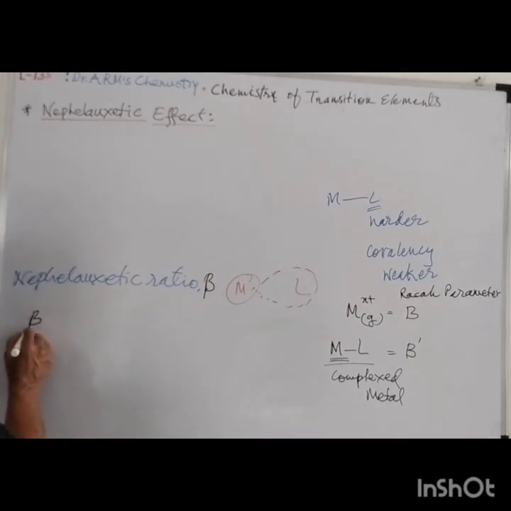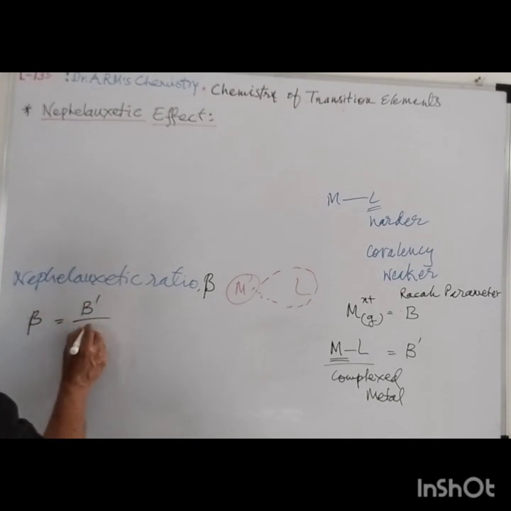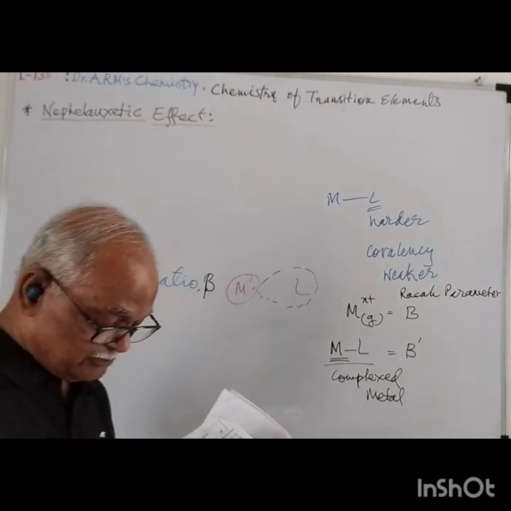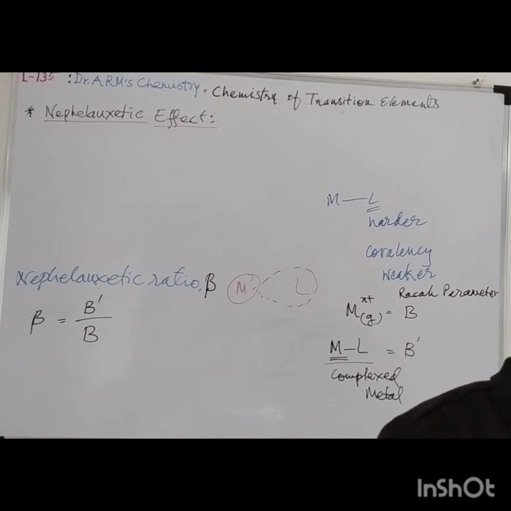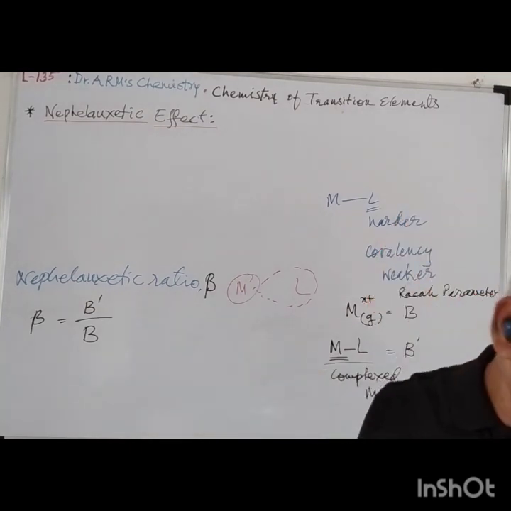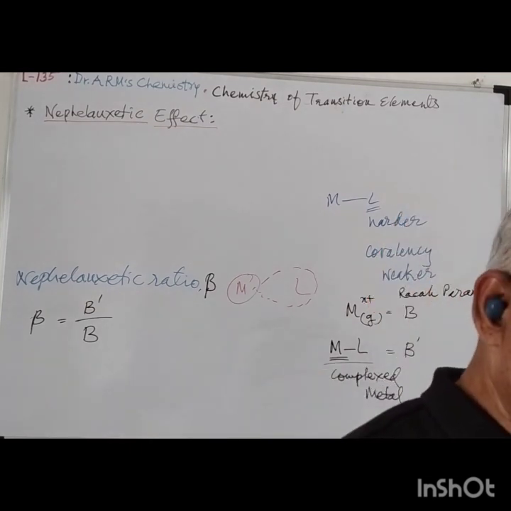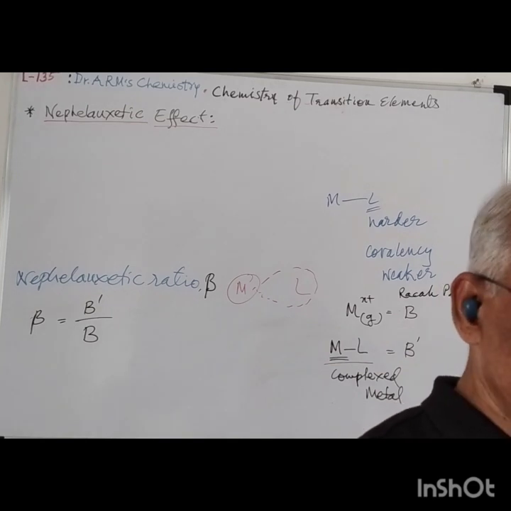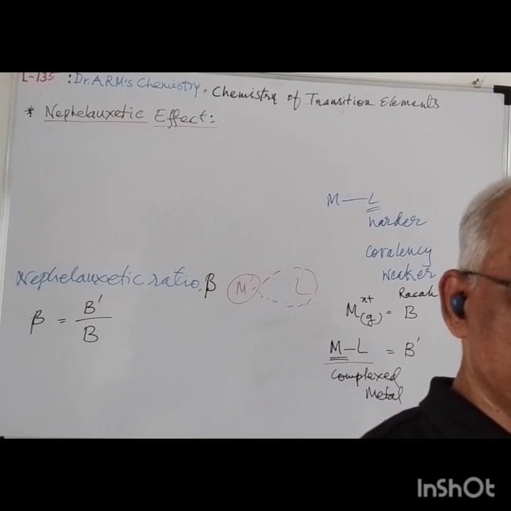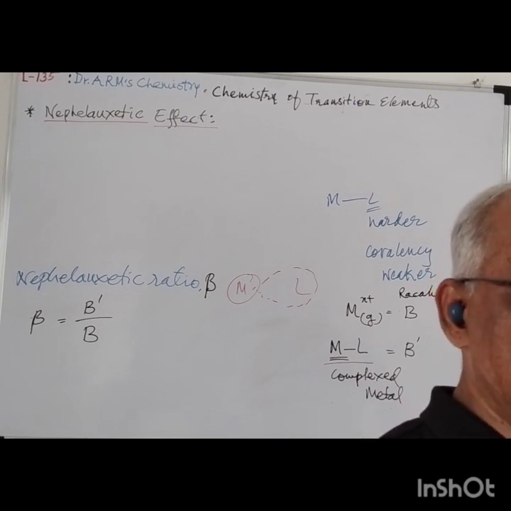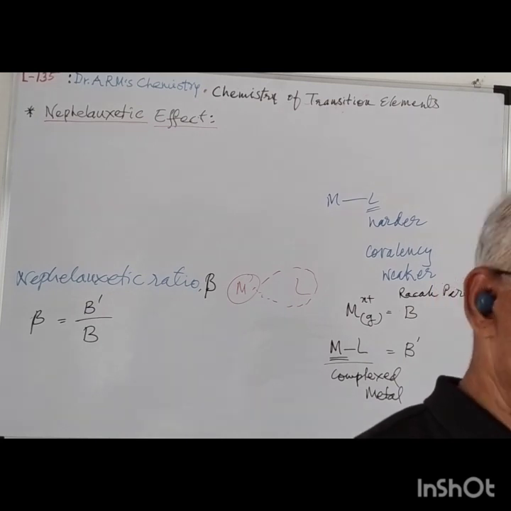So beta is equal to B prime upon B. This gives the ratio, and this value beta expresses the Nephelauxetic ratio. You should know that beta, B and C are the Racah parameters for a metal ion, and these are variables whose exact values depend on the nature of the ligands attached to the metal ion.